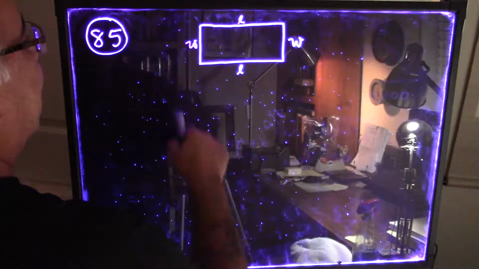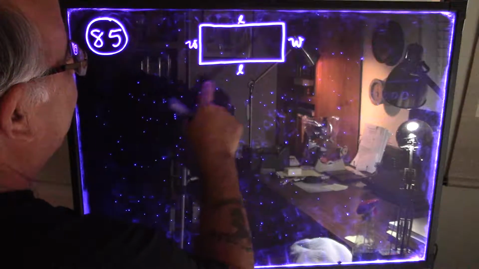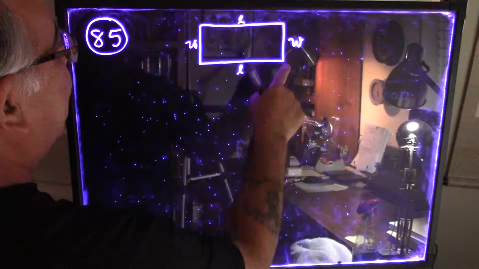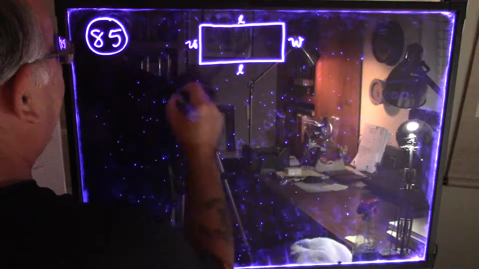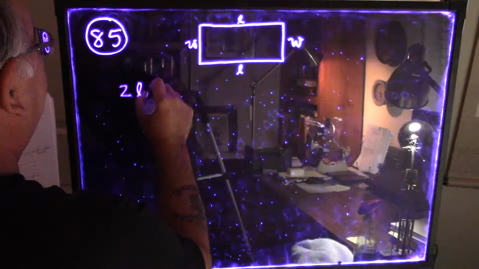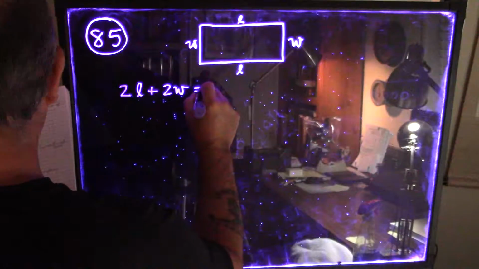Call that width, call that length if you want. It really doesn't make any difference in the problem. So it's up to you. Anyway, you've got 2 of these L's plus 2 of these W's add up to the total fencing, right? So 200. So you write that down as an equation. 2L plus 2W is equal to 200.